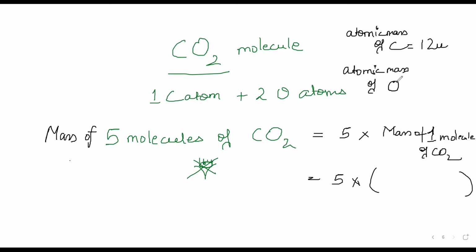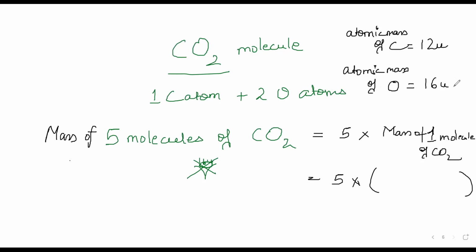So gradually you will also learn the values. Automatically you will learn it. You don't have to put in some extra effort to learn the values. Sorry, my bad. The atomic mass of oxygen is 16 U.